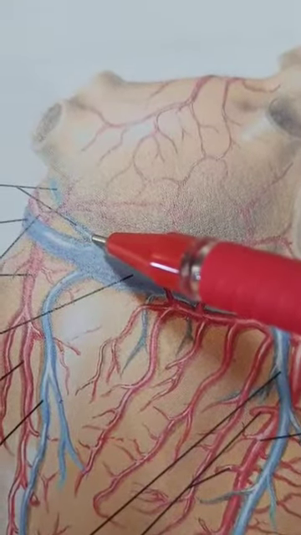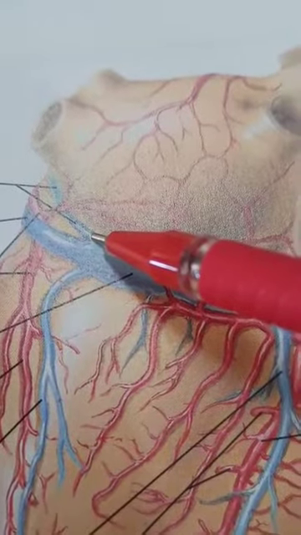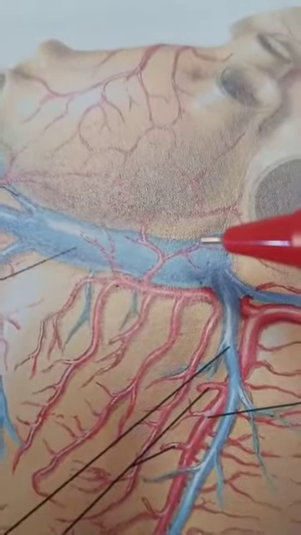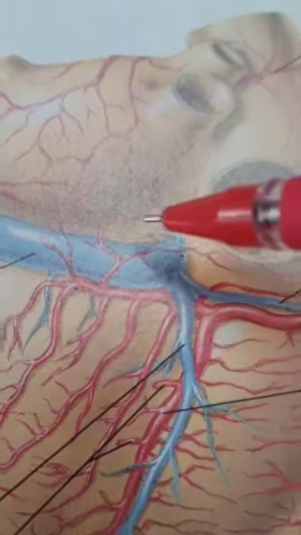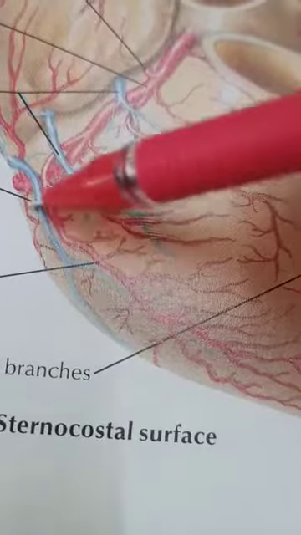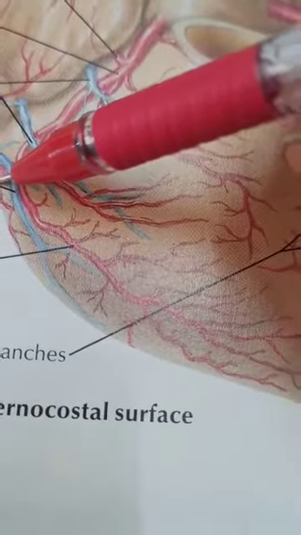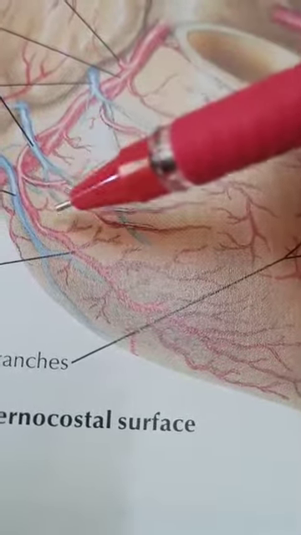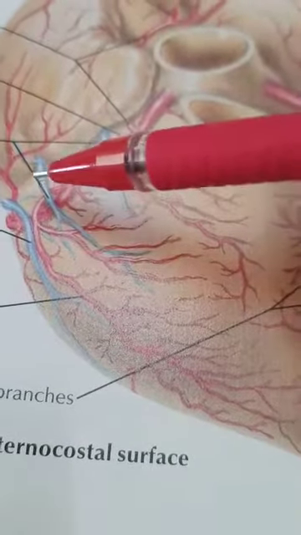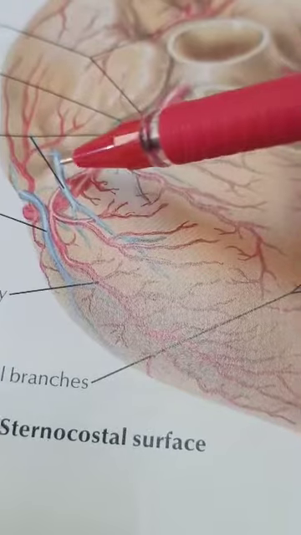Then next is the right marginal vein, which accompanies the marginal branch of the right coronary artery. This is the right marginal vein, which drains into the small cardiac vein. Sometimes it opens directly into the right atrium also. And these are the anterior cardiac veins.